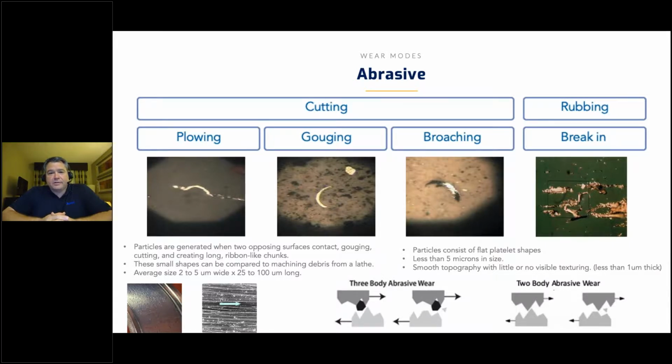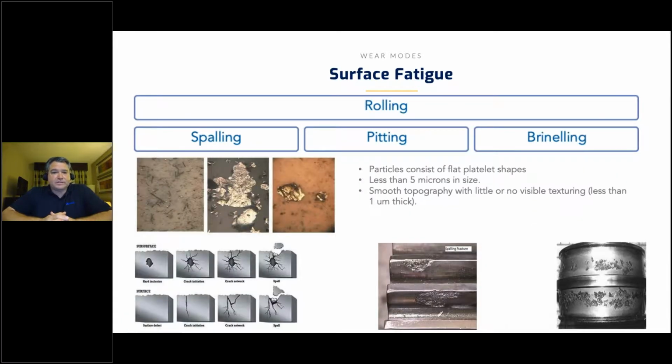So the next slides are going to show you surface fatigue, the pothole effect, that once something starts, those are those failed parts, and those are the particles that came out of there: the spalling, the pitting, the brunelling.